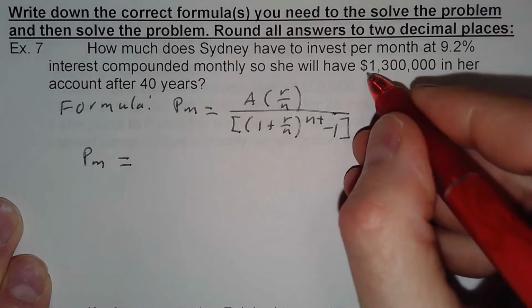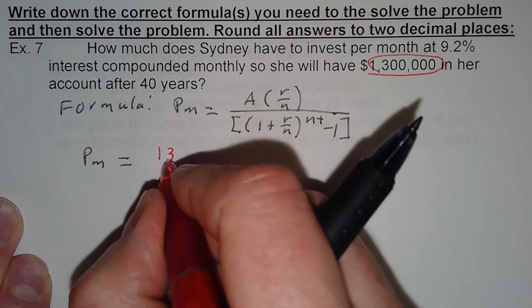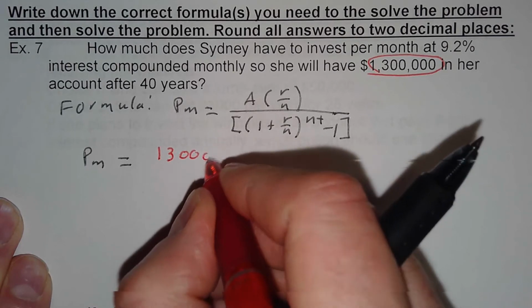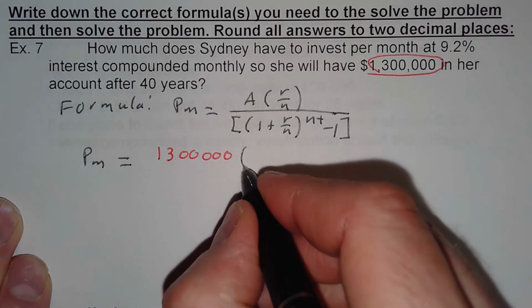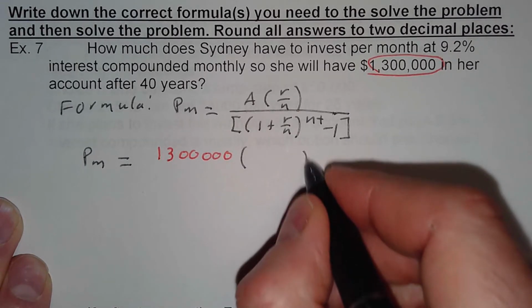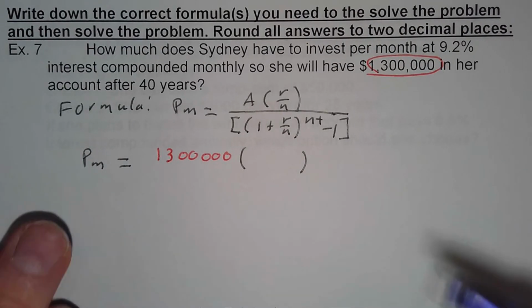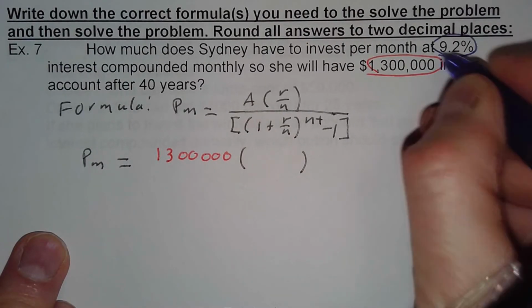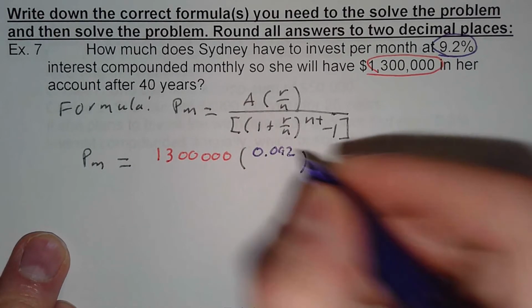A is this 1,300,000. So we check real quickly, it's 5 zeros, so make sure when you enter in the calculator, you put in 5 zeros. Alright, here is 9.2%. So write that as a decimal, 0.092.